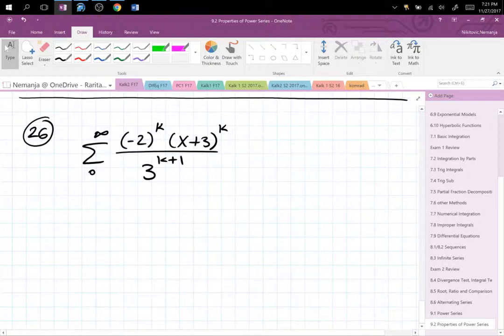So you rewrite this problem by simply writing -2 as -1 times 2, and then each one of the factors gets its own exponent k. So now this problem becomes easier.